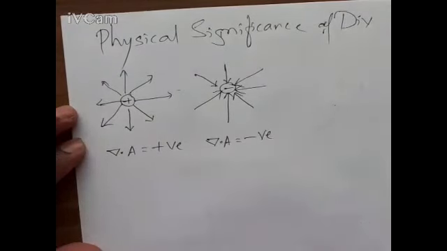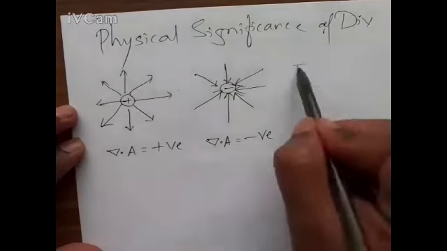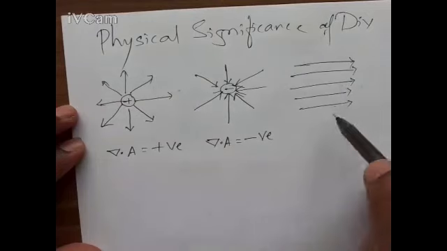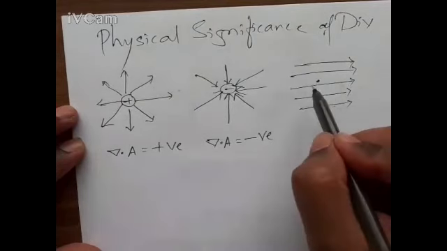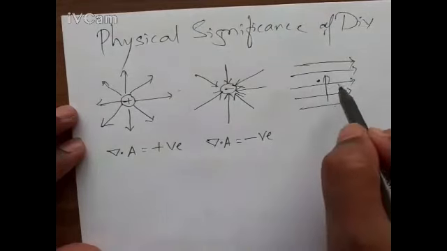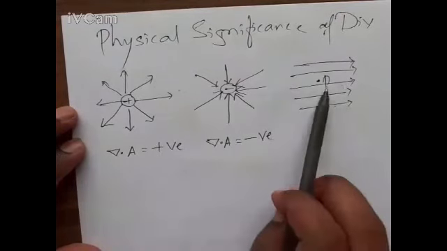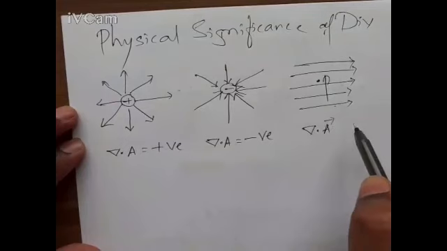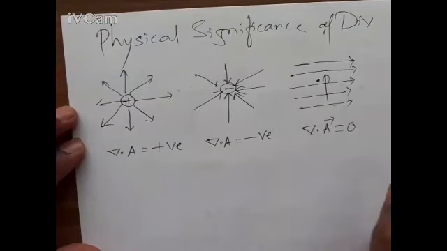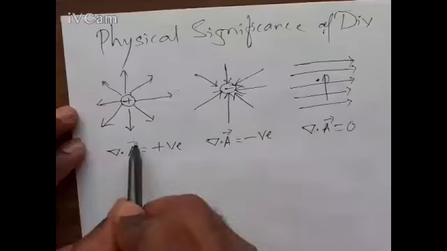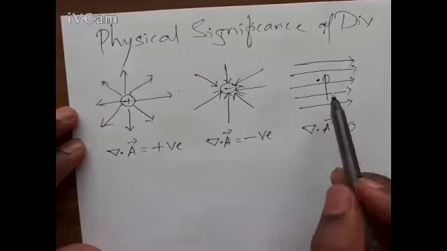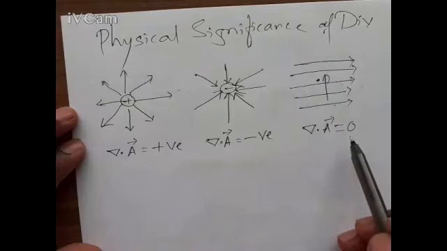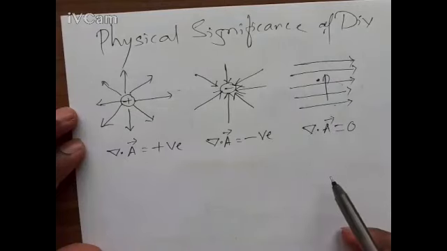When the field lines are straight, when the field is moving like this, at this point P, what is the divergence? The divergence of vector A is equal to 0. So here it is positive, here it is negative, and when the field lines are parallel, the divergence is equal to 0.